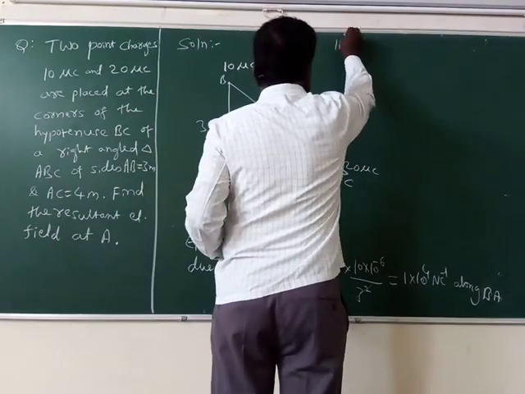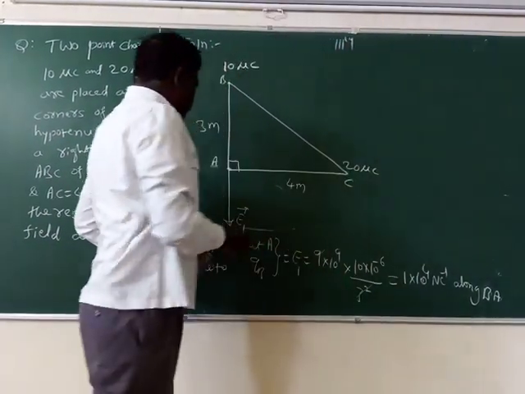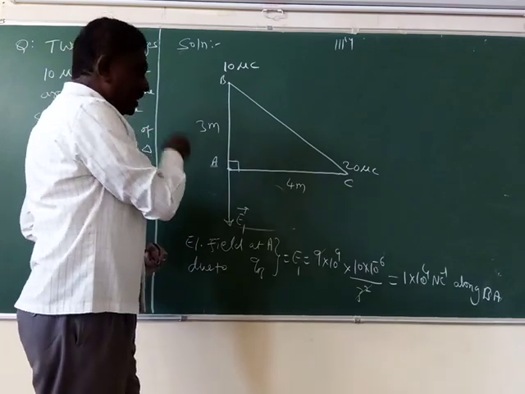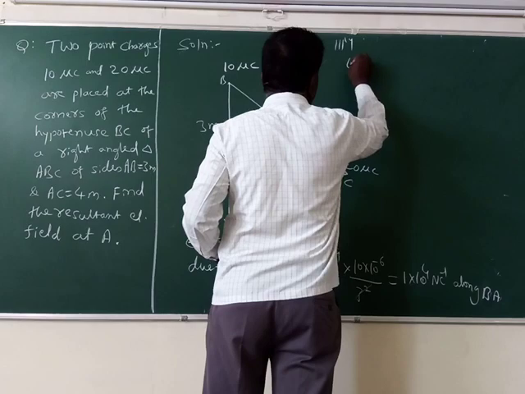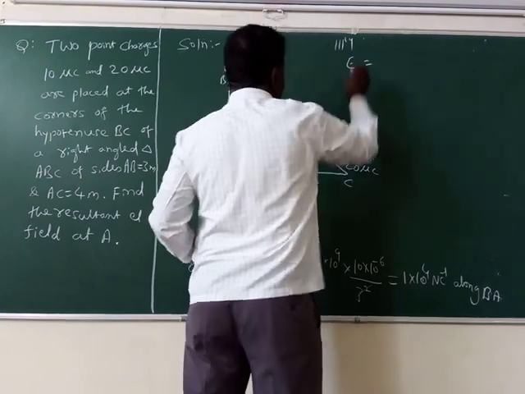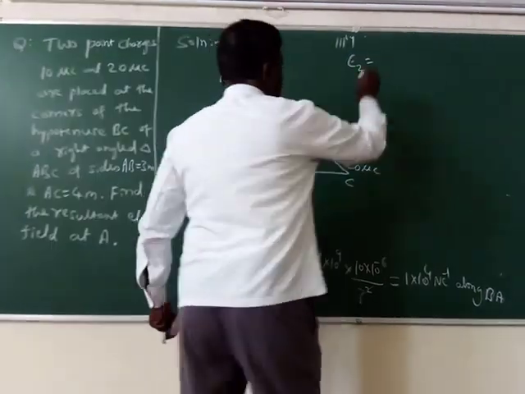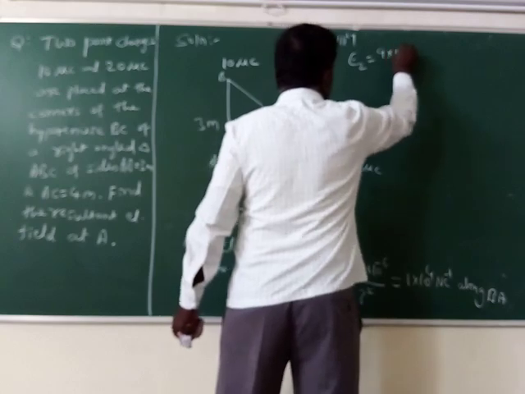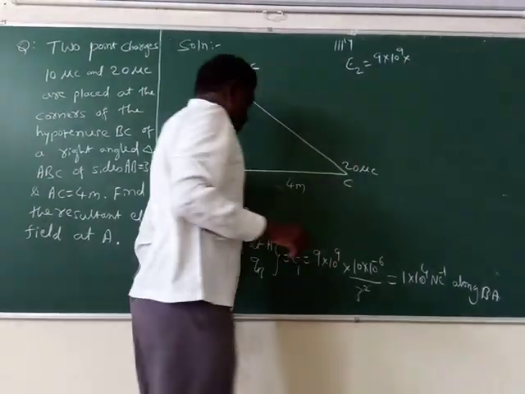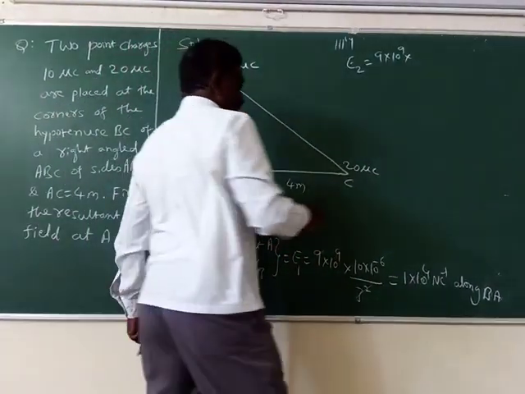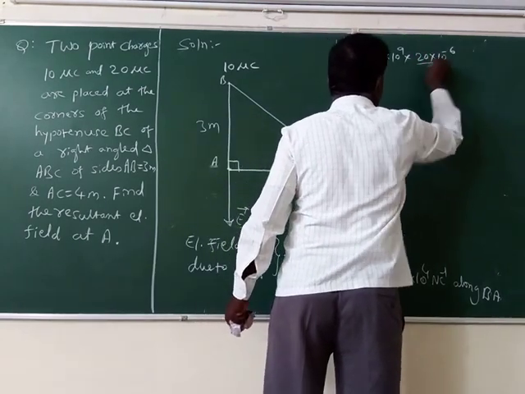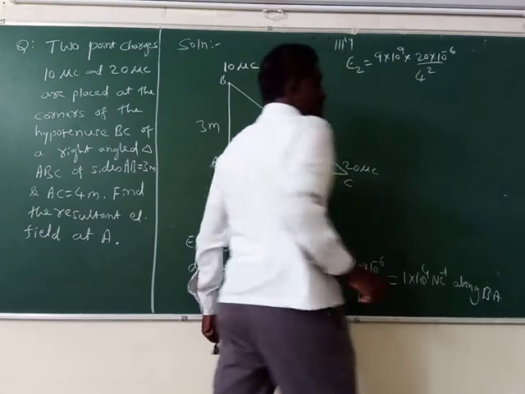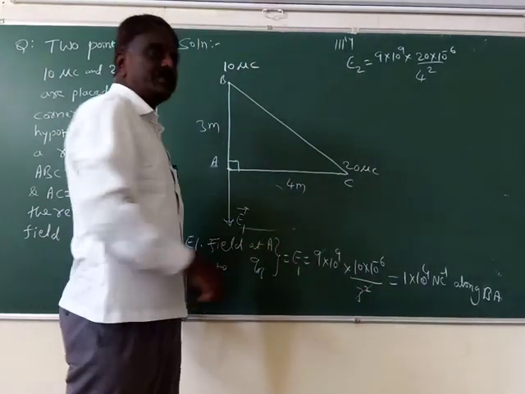Similarly, electric field at A due to charge at C is E2 is equal to 9 into 10 to the power 9, that is 1 by 4 pi epsilon naught, into charge at C, which is 20 micro coulomb, 20 into 10 to the power minus 6, divided by 4 square, because distance AC is 4 meter.